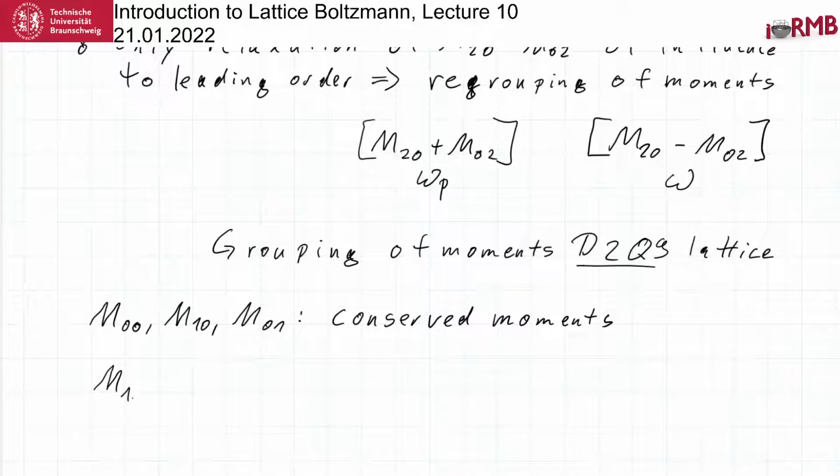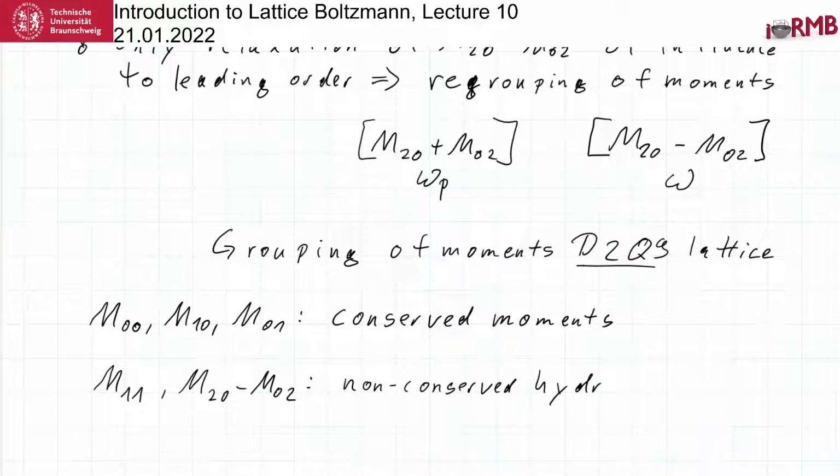Then we have M11 and M20 minus M02. And these are the non-conserved hydrodynamic moments. They are called hydrodynamic moments because we need them for the Navier-Stokes equation; they appear in the Navier-Stokes equation.